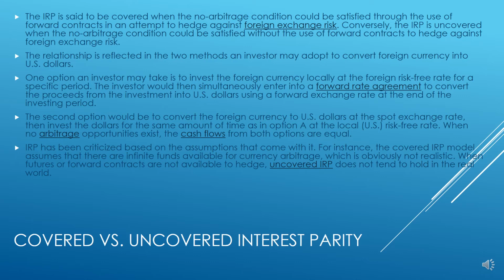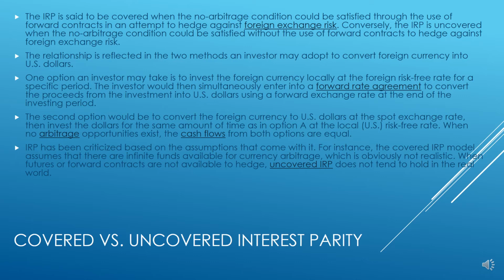The second option would be to convert the foreign currency to US dollars at the spot exchange rate and then invest the dollars for the same amount of time as in option A at the local, that is the United States, risk-free market. When no arbitrage opportunities exist, the cash flows from both options are equal.